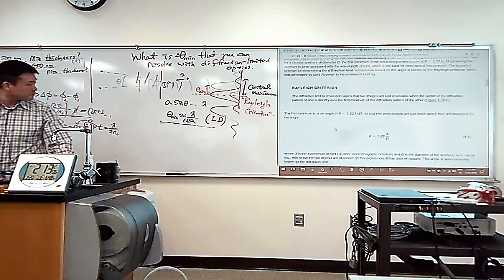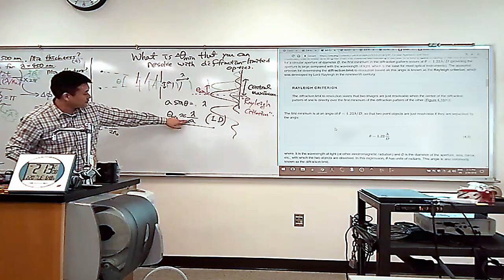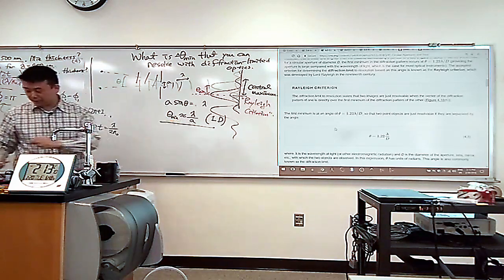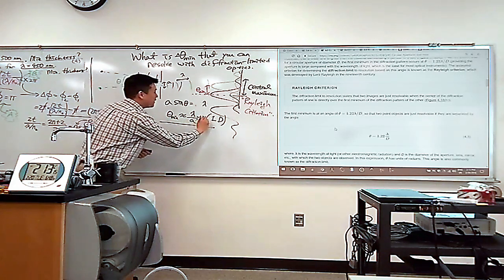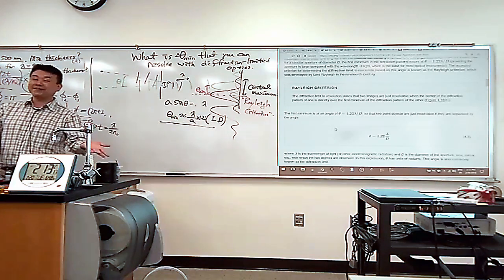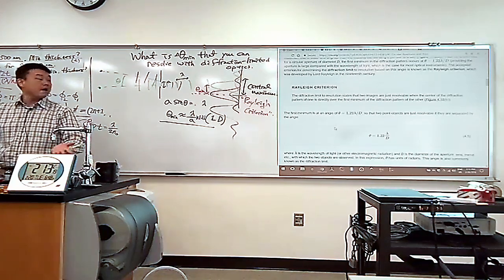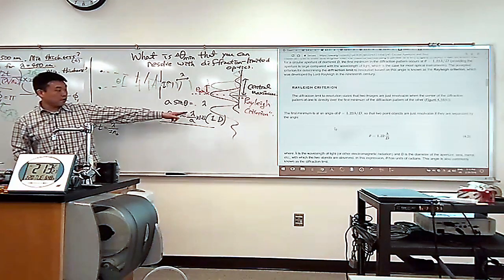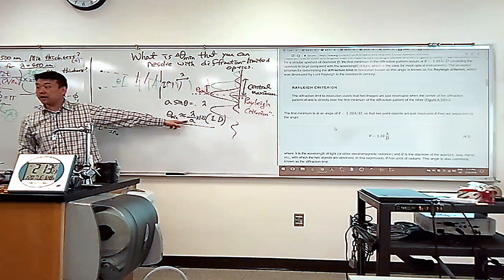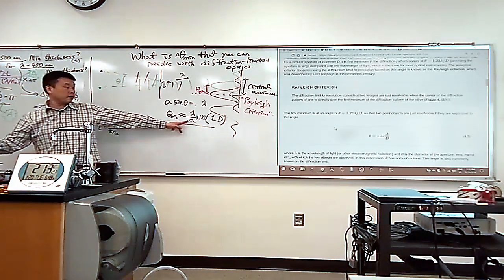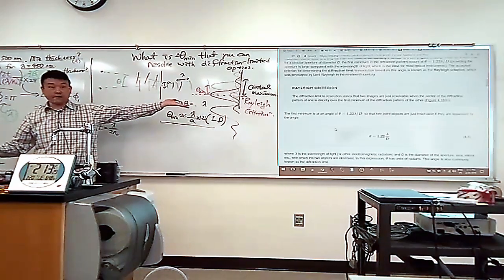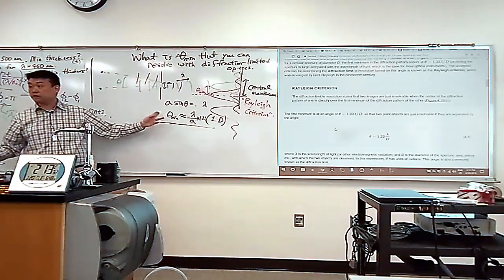Sorry, I put 1.22 in the wrong place. The factor of 1.22 goes on the numerator. But even the ratio of wavelength to the aperture size gives you the rough idea of what the minimum angular resolution is.